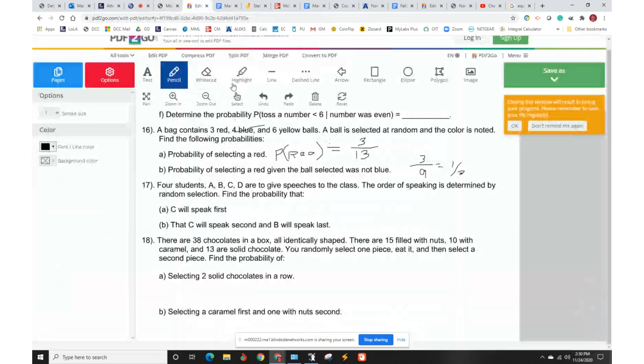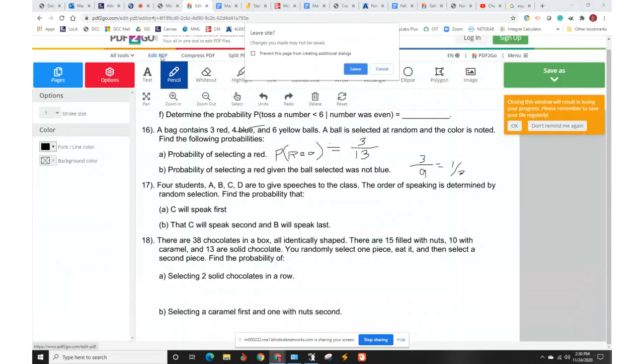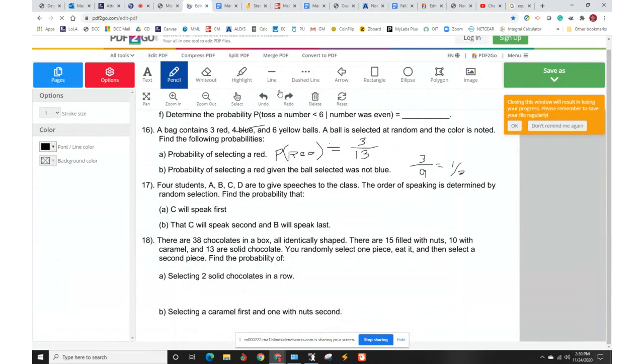The sample space is all the things that can possibly happen for an experiment.